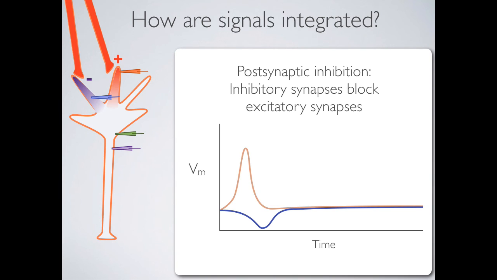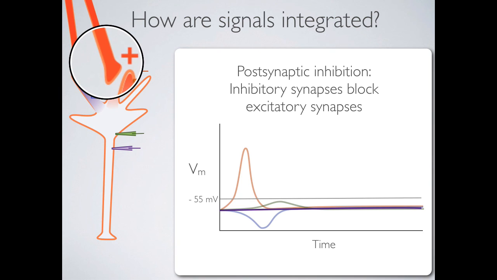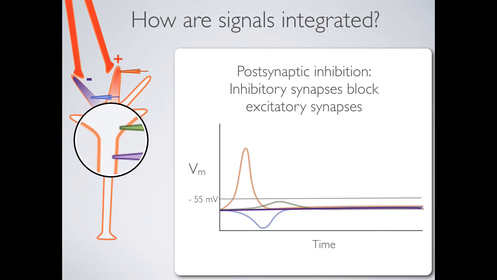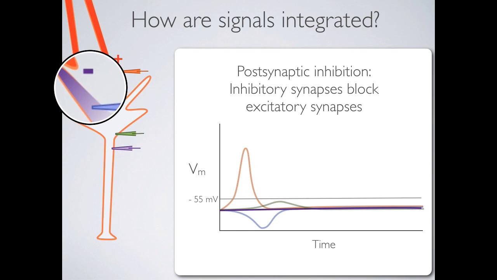Those two sum, or the difference between those two, causes a very mediocre and sub-threshold depolarization, which in this case is below threshold, and thereby prevents the signal from being propagated. So the presynaptic cell shown in red here is trying to drive this cell to threshold to create an action potential, and this one is just blocking it. It's inhibiting that from happening.